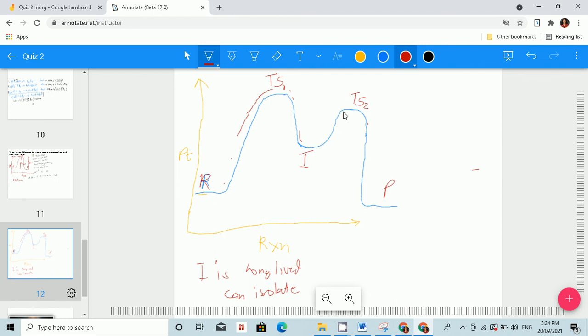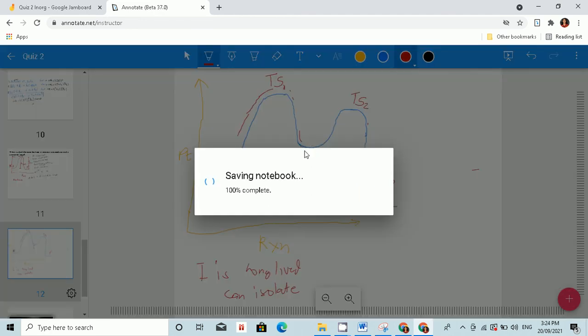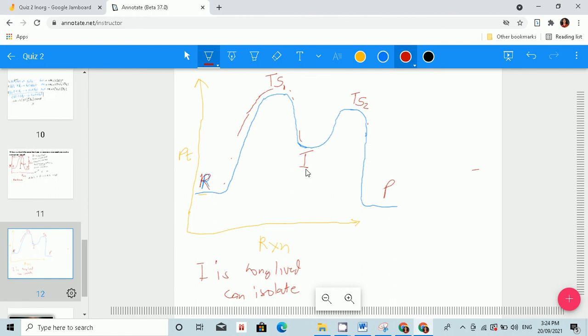The time when you go up again, that's the intermediate, and then you go up and reach again a transition state, and then the time you landed. Yes. So that's the intermediate.